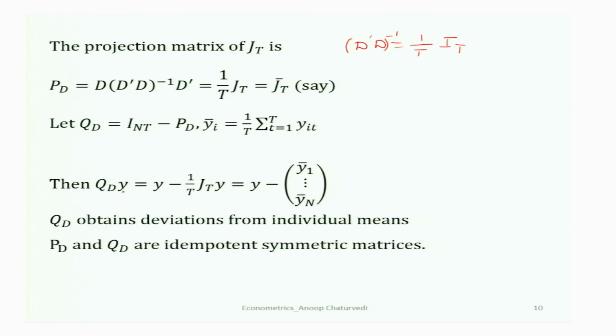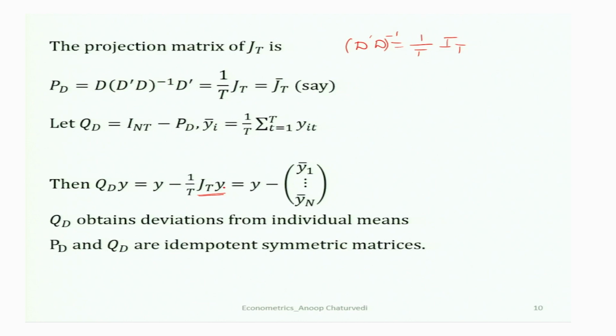Then, if we take Q_D y, then Q_D y is equal to y minus P_D y, and P_D is equal to 1 upon T J_T or J_T bar. So, you get y minus 1 upon T J_T y. Now, if you look at this J_T y, what does it do?